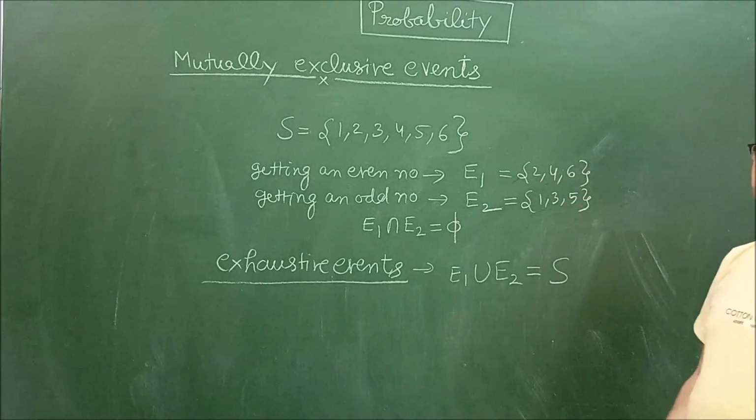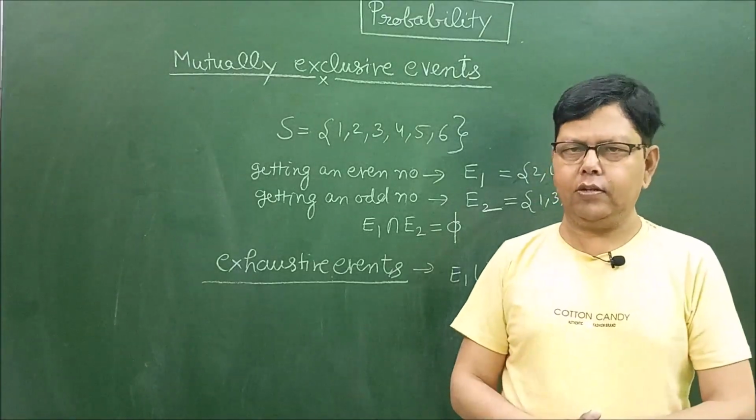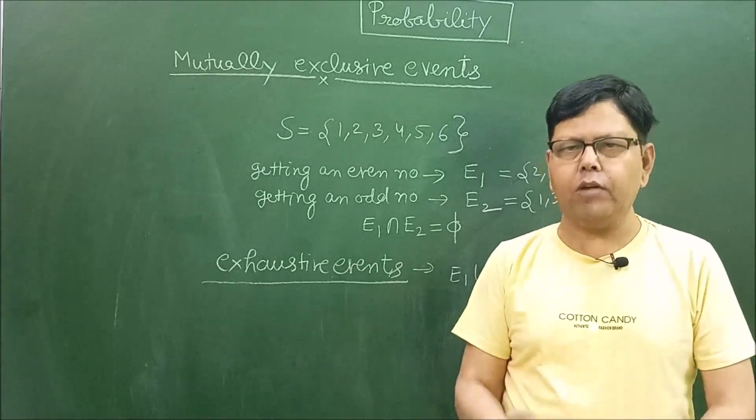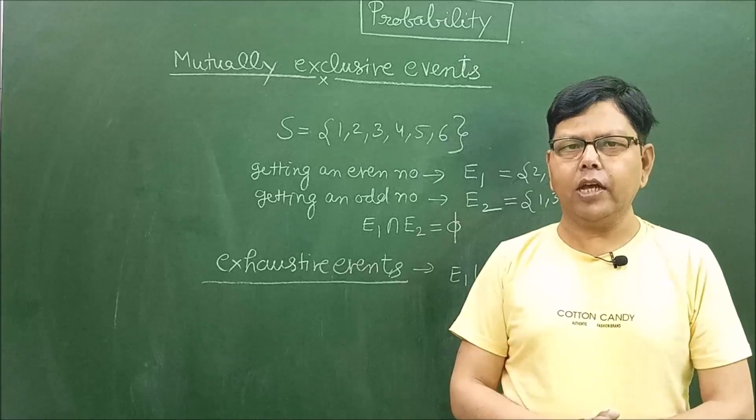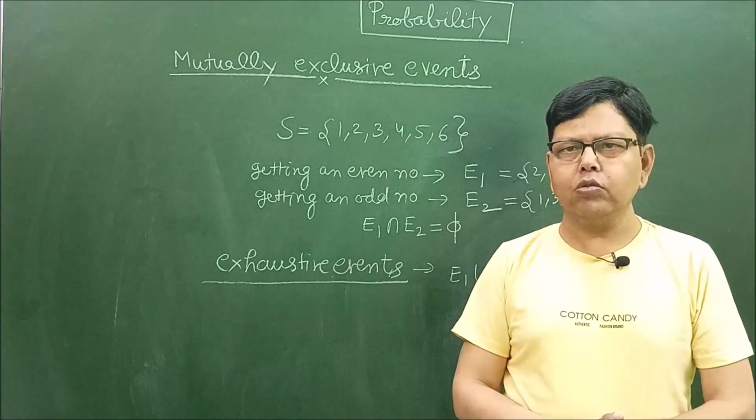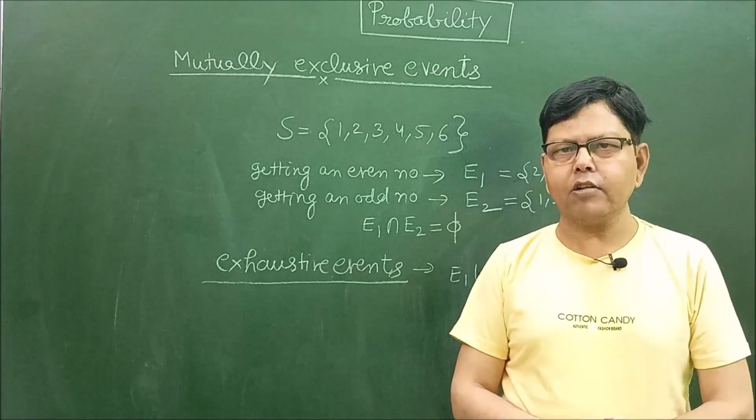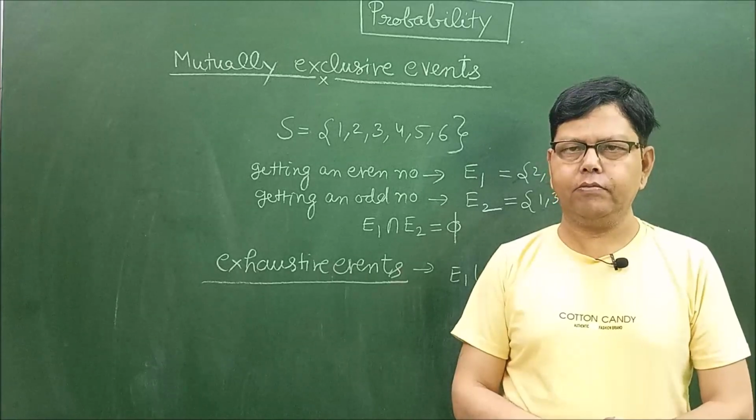So if on finding the union of two or more events we get the sample space, then those two or more events are said to be exhaustive.